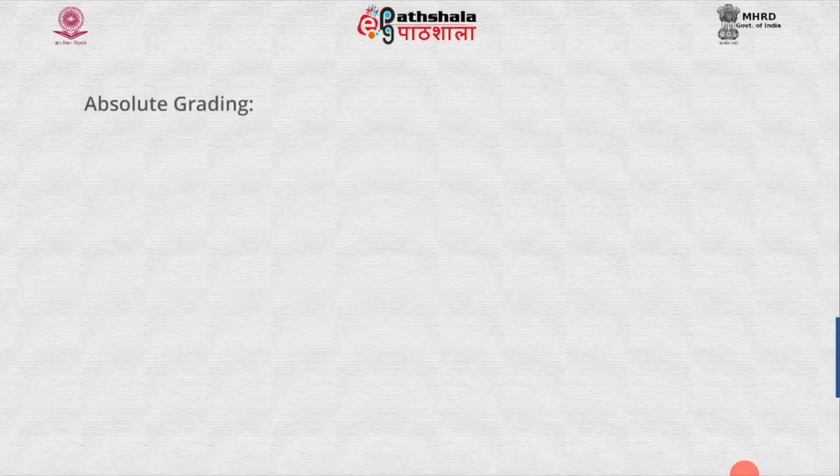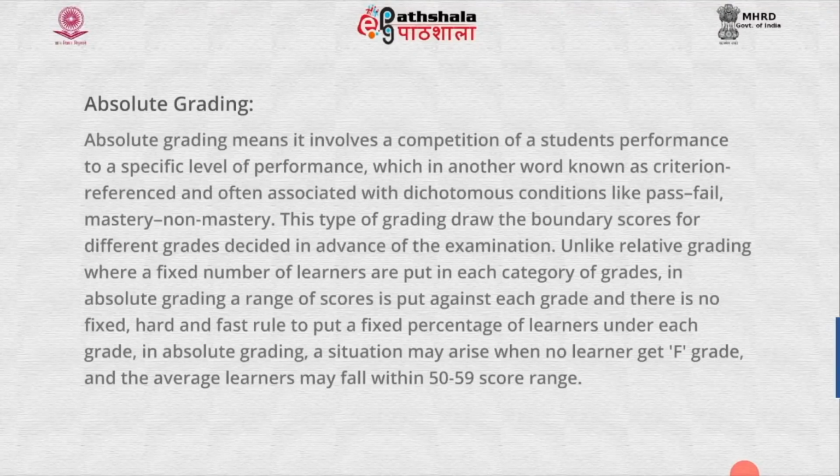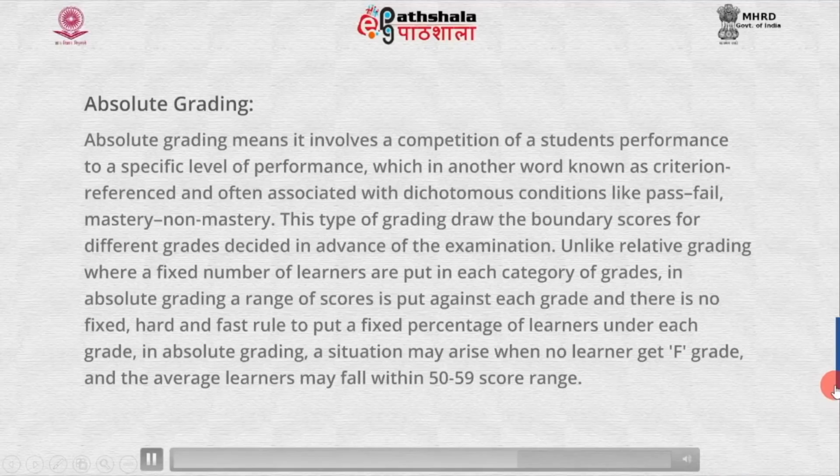Second, under the indirect form is absolute grading. Absolute grading involves a comparison of a student's performance to a specific level of performance, which in other words is known as criterion referenced and is often associated with dichotomous conditions like pass, fail, mastery, non-mastery. This type of grading draws the boundary scores for different grades decided in advance of the examination.